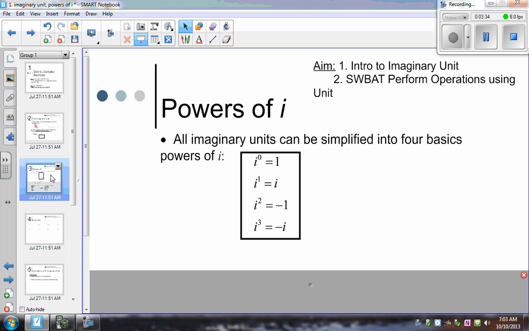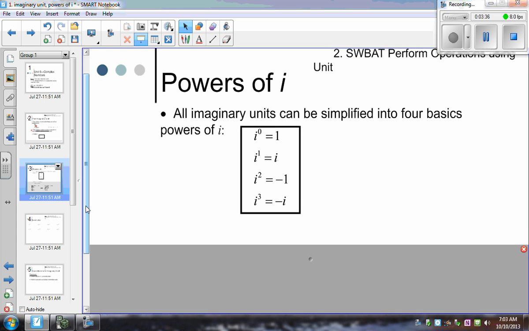One of the cool things about the imaginary number system is that there's only 4 values that you can get as solutions when you're working with different powers of i. And as you guys can see in this chart, those values are 1, i, -1, and -i. Those are the only 4 values that the imaginary number system utilizes.